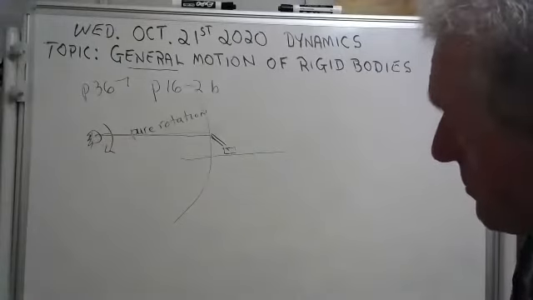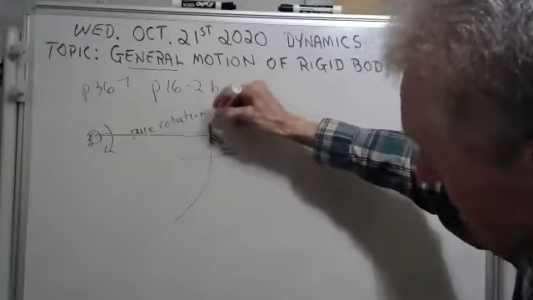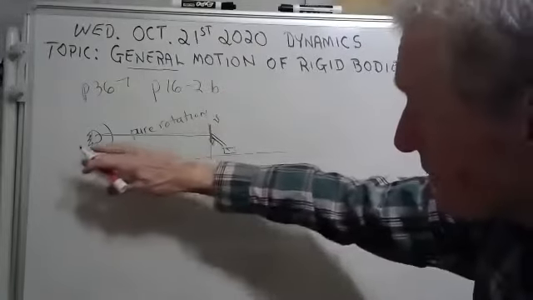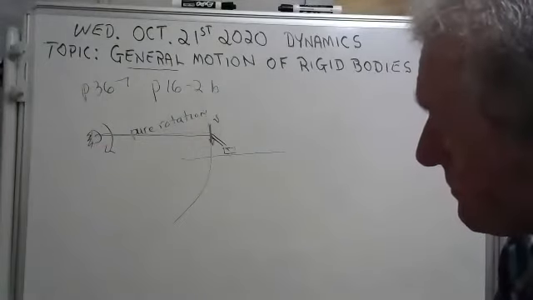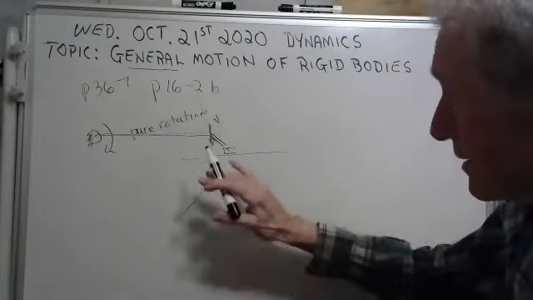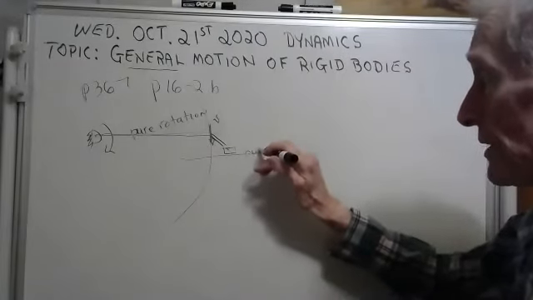And right here at this place right here, the velocity of that long rod is straight down. Now this piston here is pure translation.